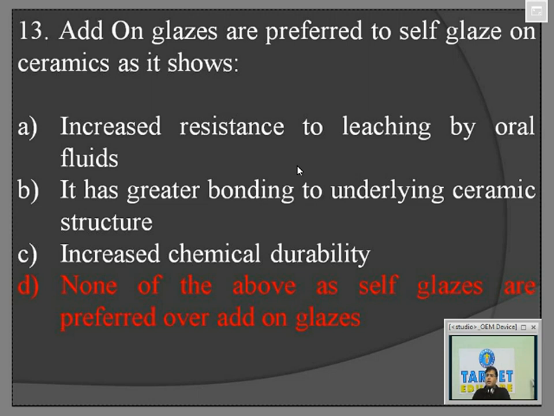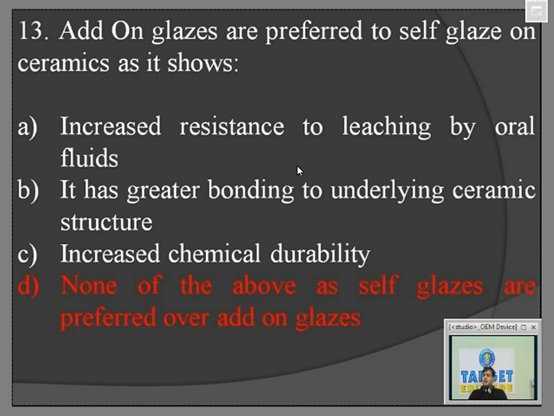Question number 13. Add-on glazes are preferred to self-glaze on ceramics as it shows. So first I'll tell you what are add-on glazes and what are self-glazes. Glazed ceramic is a final layer which provides the final luster or shiny layer to the porcelain.